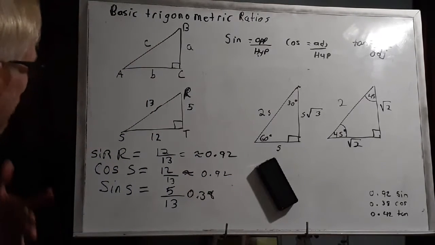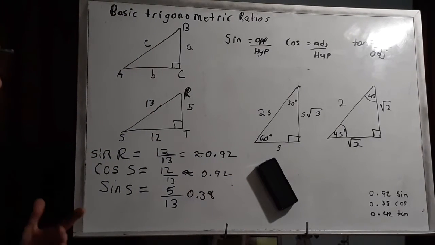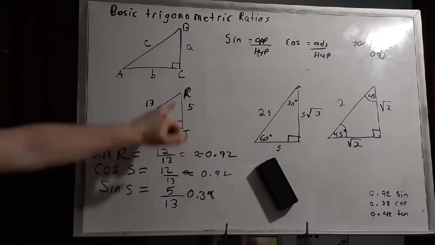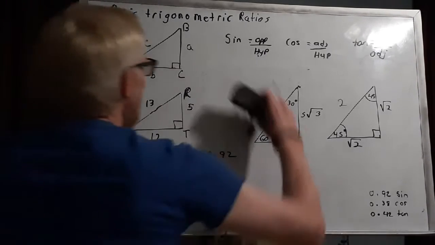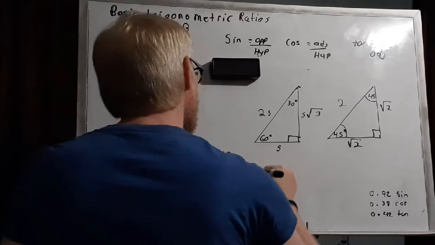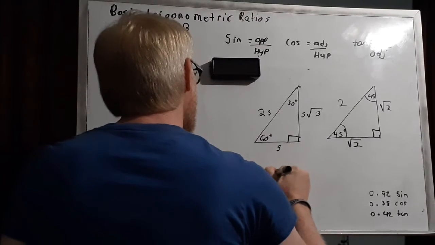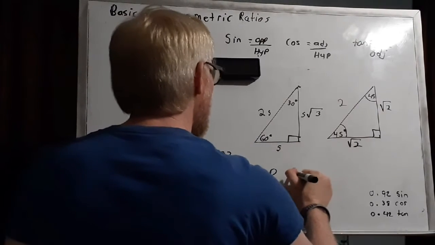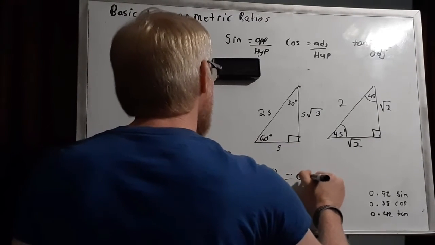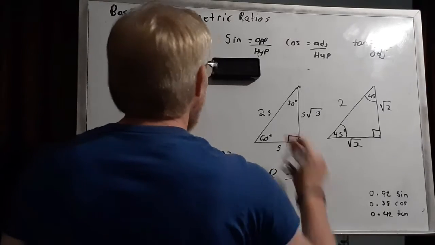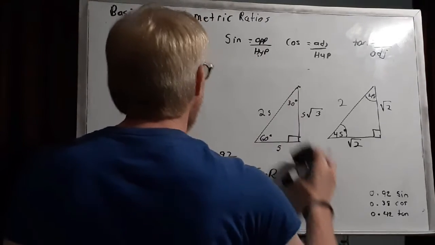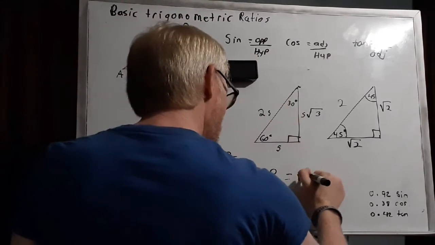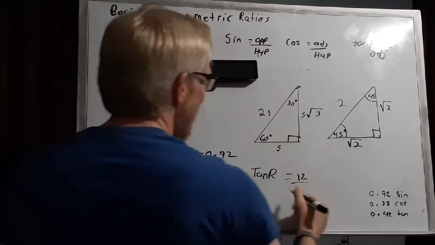Now, let's say I want to find the tangent of R. Remember that tangent is opposite over adjacent, so that would be opposite, which is, in this case, the number farthest from R, which is 12, over adjacent.